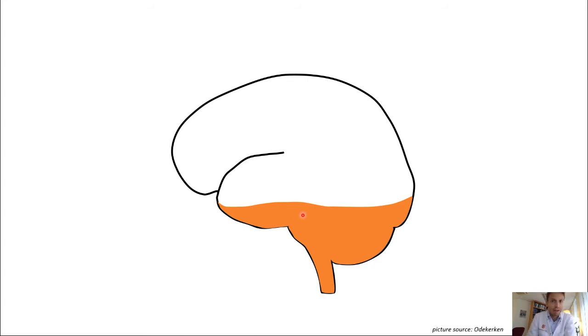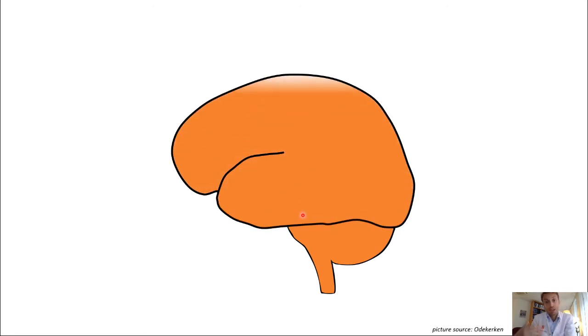We call it preclinical symptoms, but technically it's already clinical symptoms, but pre-motor symptoms. As the disease starts to spread further, other parts of the brain can get affected, and this can lead to more cortical dysfunction, such as cognitive disorders, postural instability, and balance disorders.